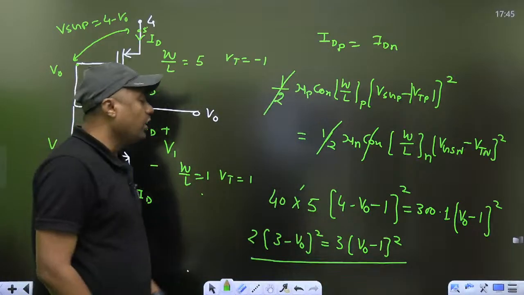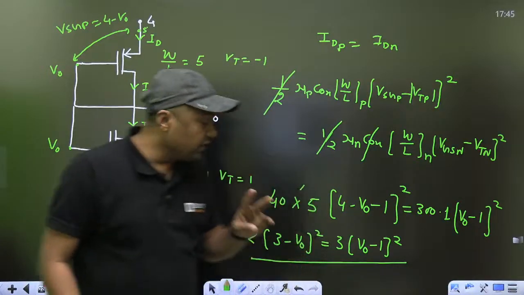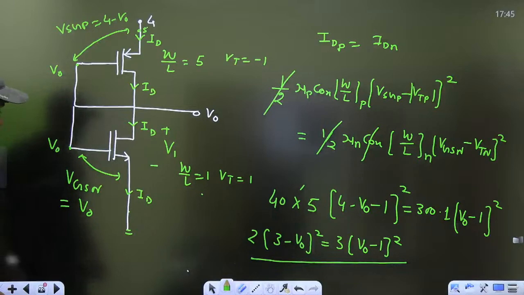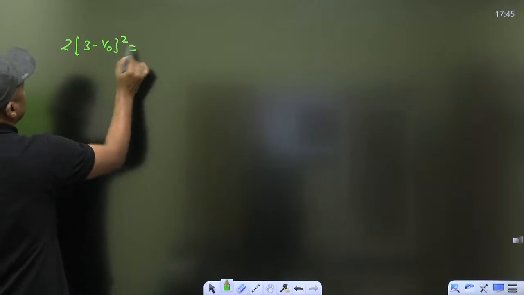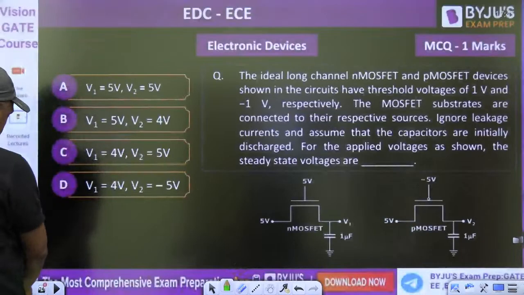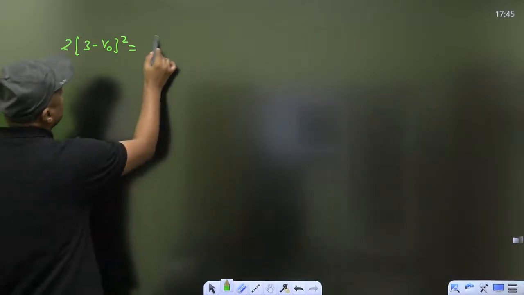Now you will get a quadratic equation. Solve it, then you will get 2 answers for this particular question, guys. So 2 times (3 minus V0) square is equal to 3 times (V0 minus 1) the whole square.